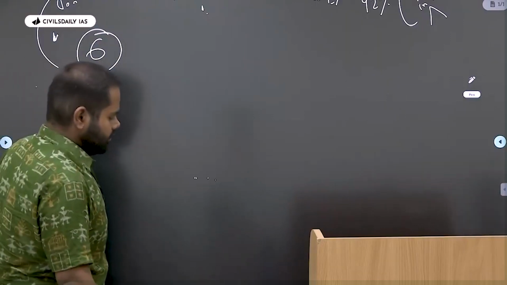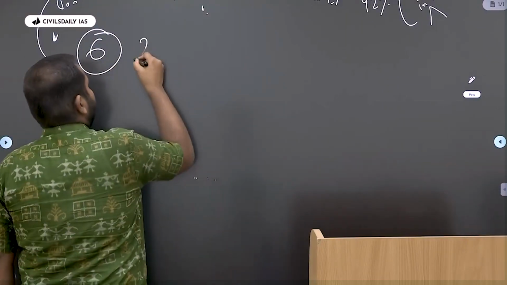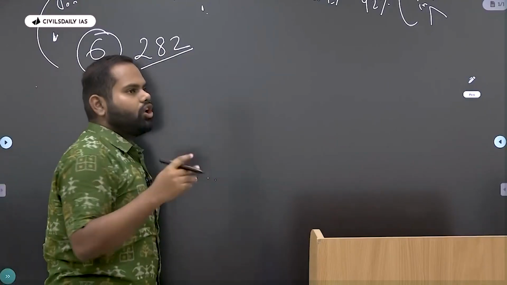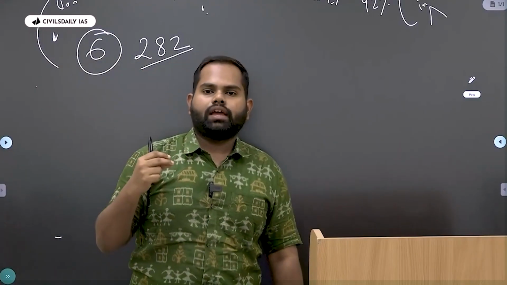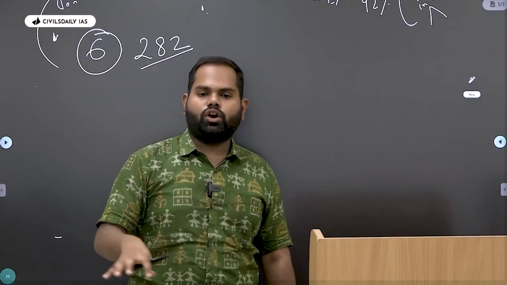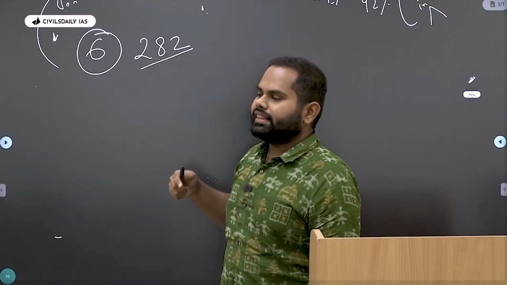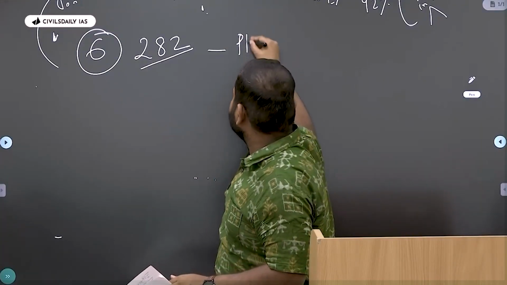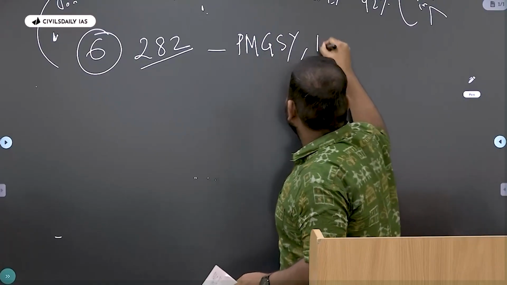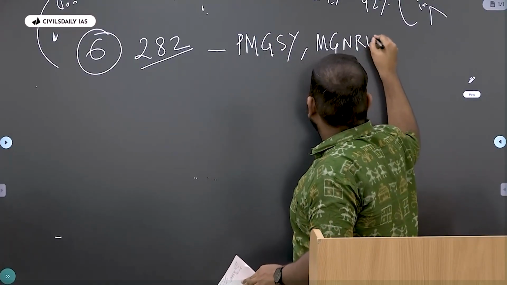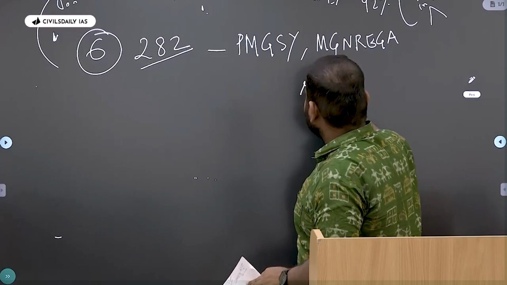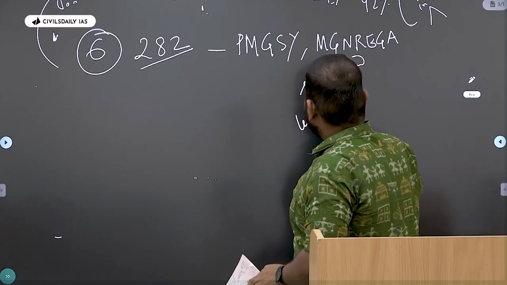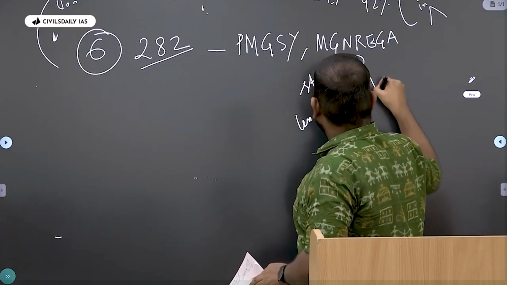Six, under Article 282, which is the discretionary grants, it limits the autonomy of the states, because the center releases a lot of discretionary funds for programs like Pradhan Mantri Gram Sadak Yojana or MGNREGA, where the states are funding this, but they have less say on the policy.